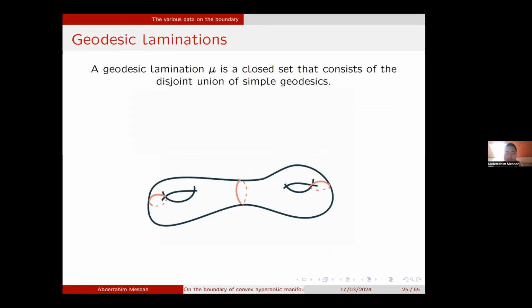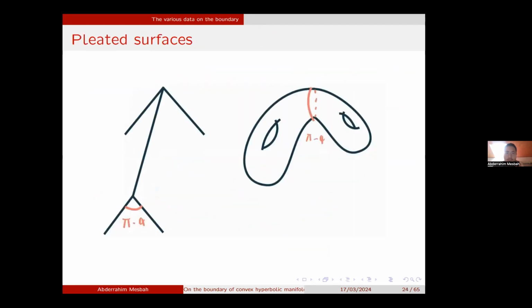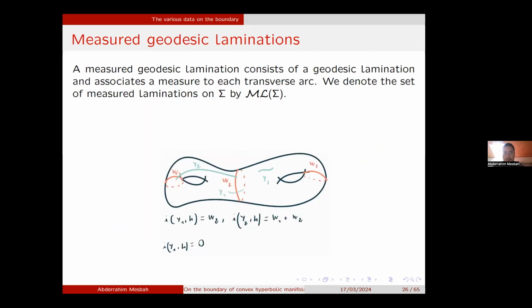And the interesting point for us is that for any pleated surface, when we take the bending locus and the amount of bending, we get a measured geodesic lamination.